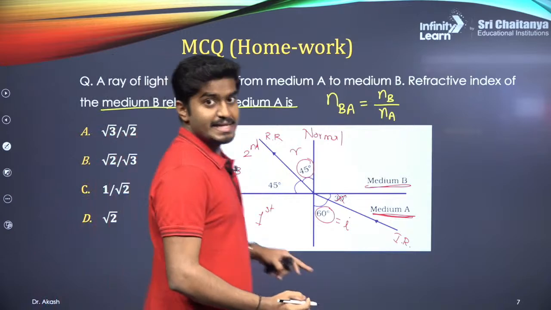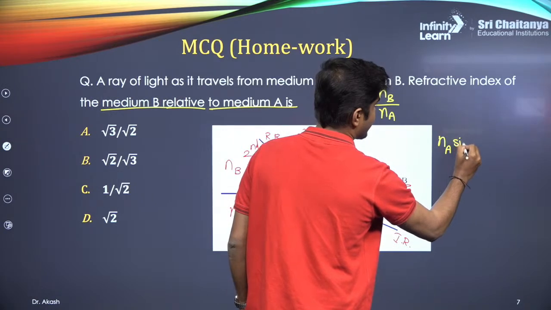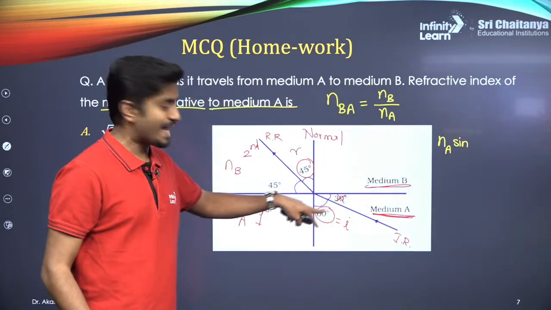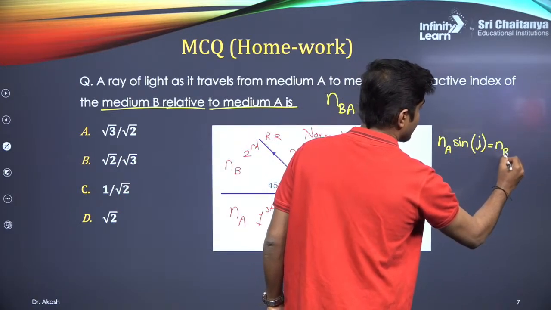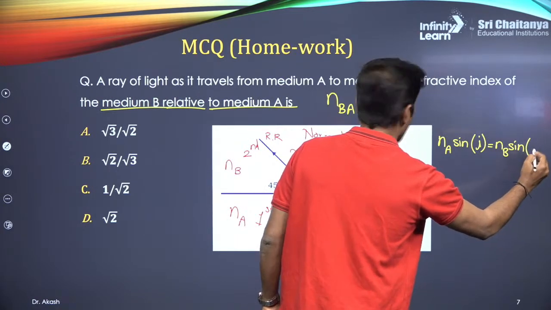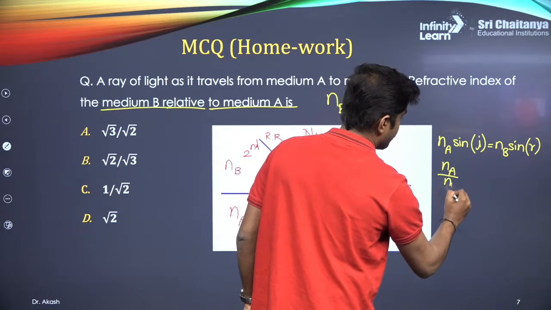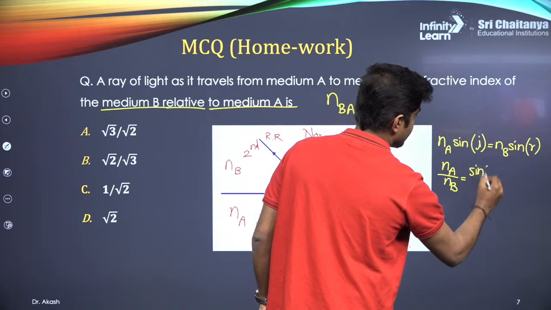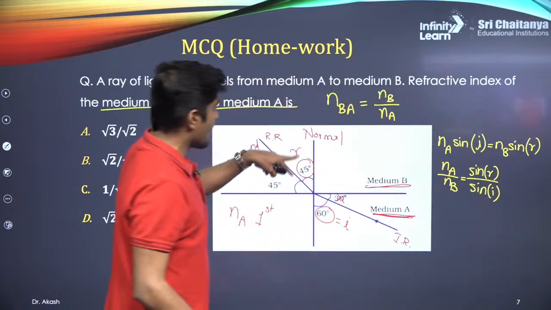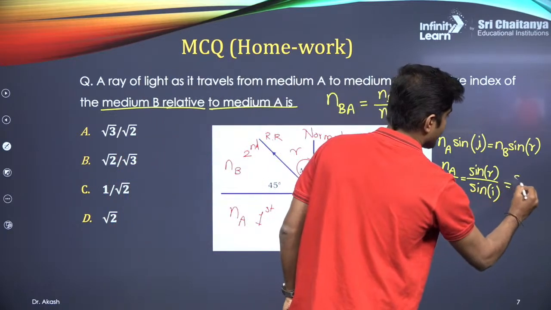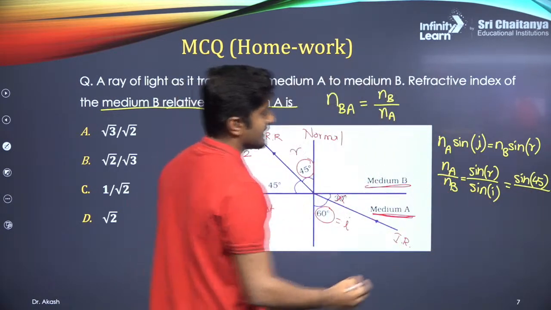In the first medium, refractive index NA multiplied by sine I, which is equal to NB sine R. So you get the ratio NA by NB, which is sine R by sine I. But what is R? R is 45. So this is sine 45 by sine I, which is 60, sine 60.